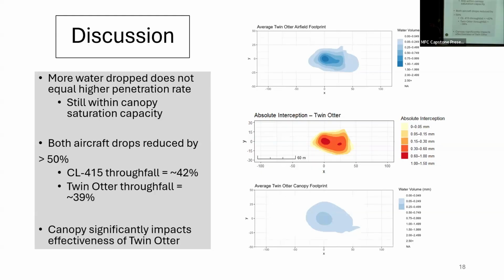Importantly, these throughfall levels have implications for suppression thresholds. The reference guide to air tankers identifies 0.5 mm as the minimum ground-delivered amount of water to reduce fire behavior in a medium intensity surface fire in a jack pine stand. Looking at this Twin Otter drop, we can see on the bottom right here that the drop maximum does not exceed 0.5 millimeters, suggesting that you see reduced efficiency in its suppression effectiveness at this moderate surface fire intensity.